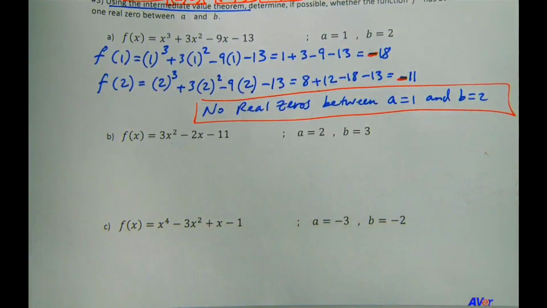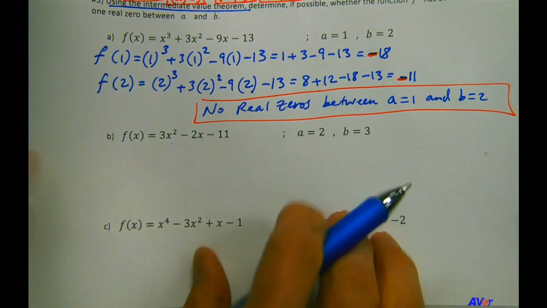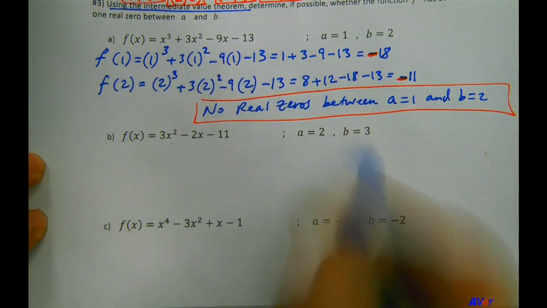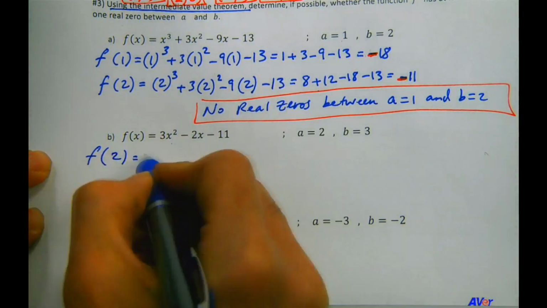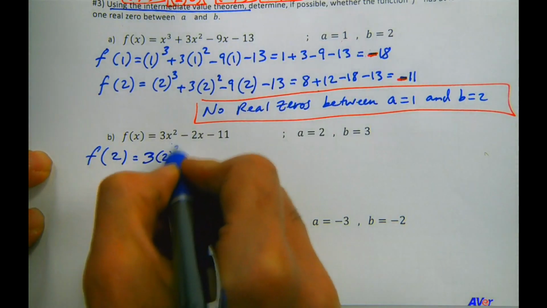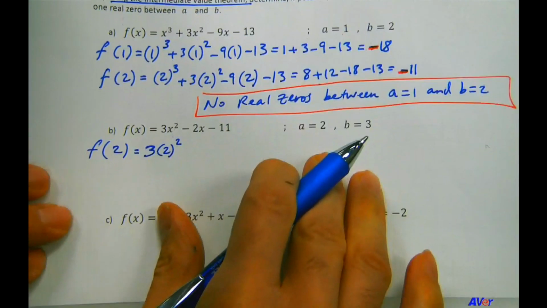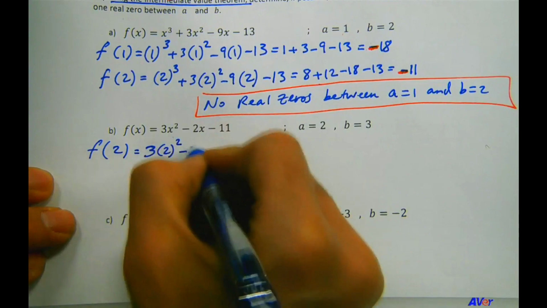And I hope that you pause the video for these last two problems and apply the intermediate value theorem to see whether or not we have a real zero in between these two values. So the function at 2 would be 3 times 2 squared. I'm assuming you've done that, and you want to compare your solution with my work here.